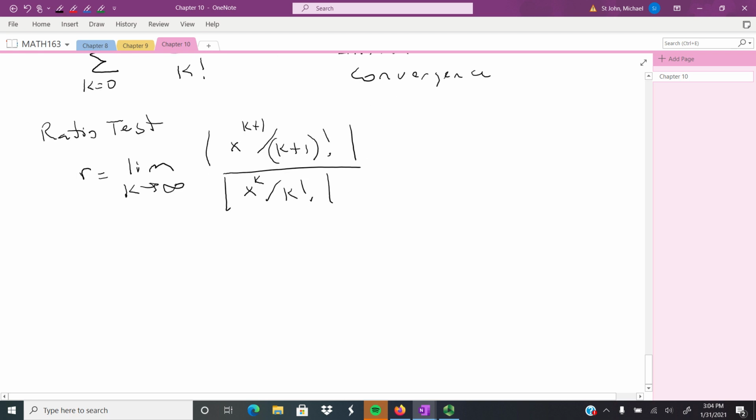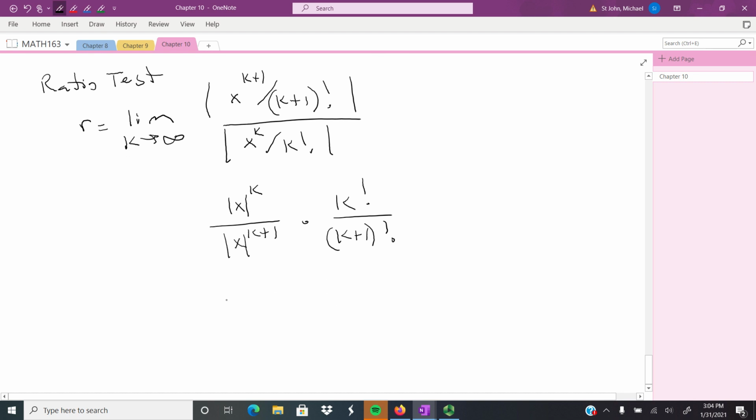And so then this will become x^k times x times k factorial over x^k times (k+1) factorial, which would then become the absolute value of x times the limit as k goes to infinity of 1 over k + 1, and this would go to 0.